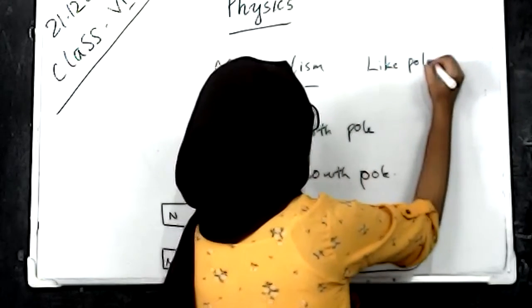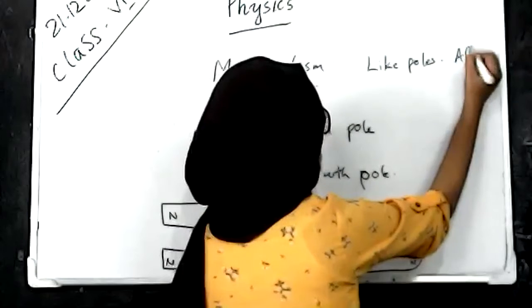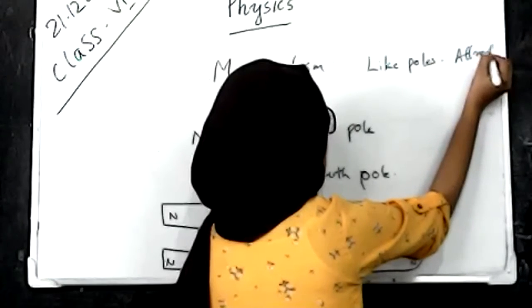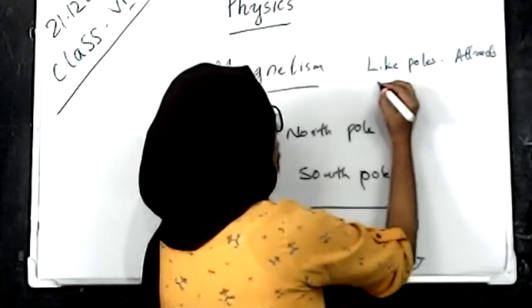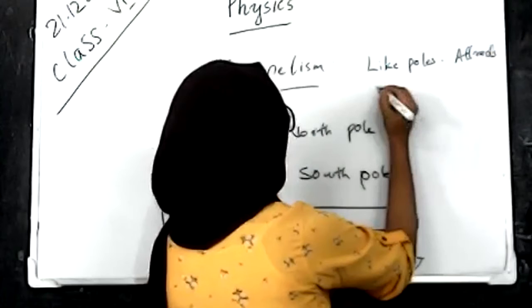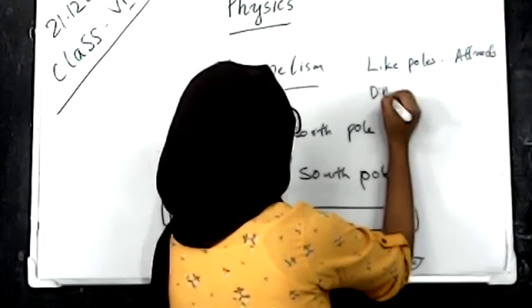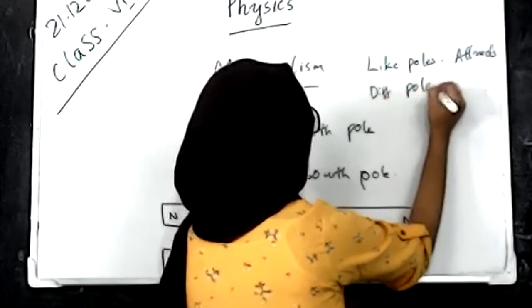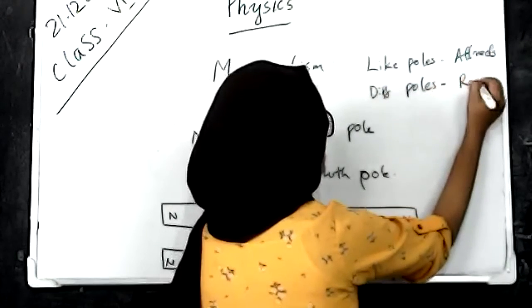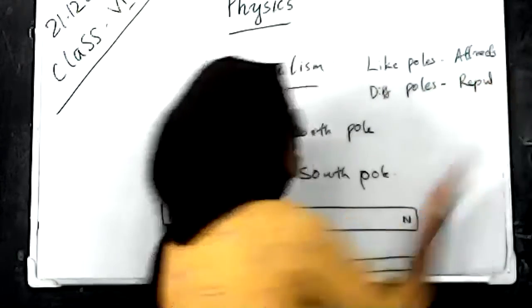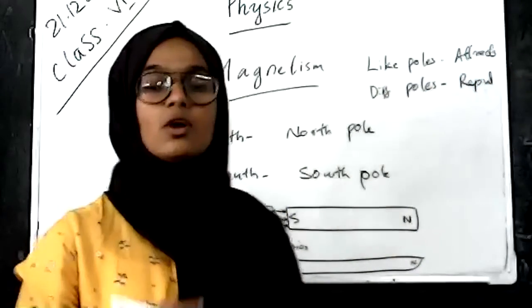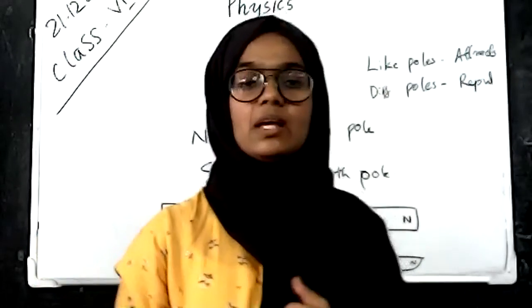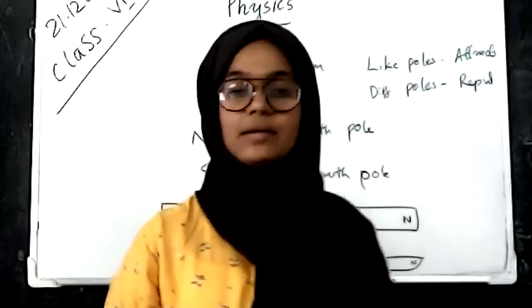Like poles attract each other. Different poles repel each other. Sorry, like poles repelling and different poles attracting.